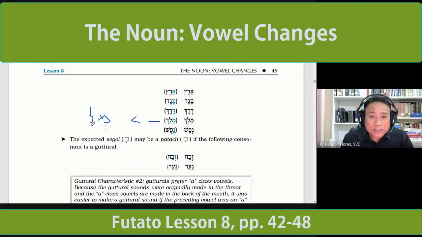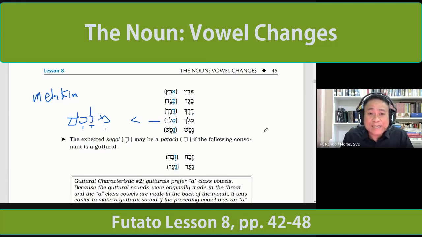So instead of segol, it will be kamets, mela, and then you have the kim already. So melakim, melakim. That would be the plural of melek, king.